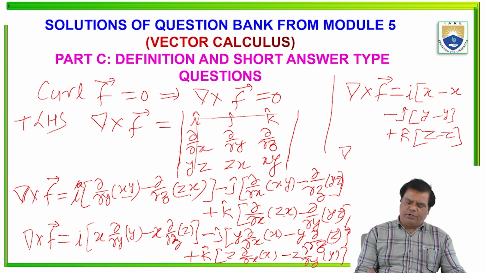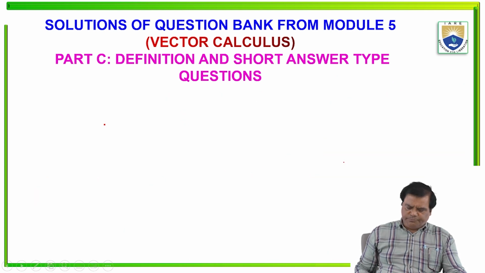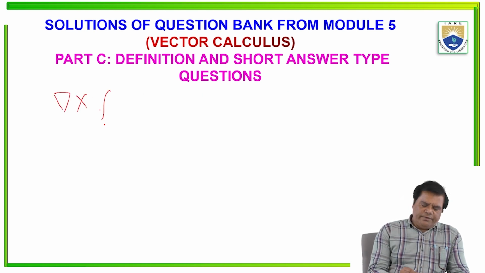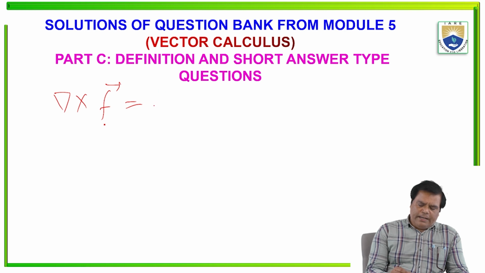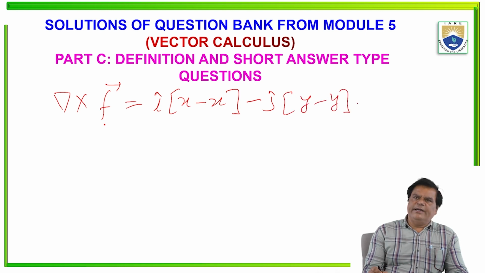So we get del cross F equals 0, as each term cancels. Del cross F equals i times (x minus x), minus j times (y minus y), plus k times (z minus z).